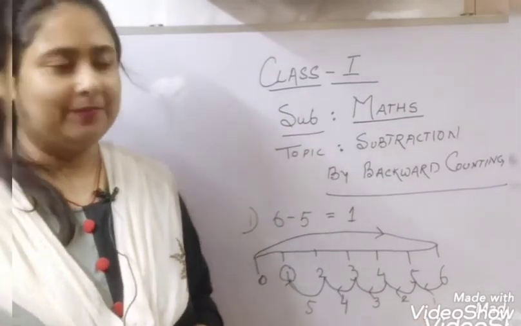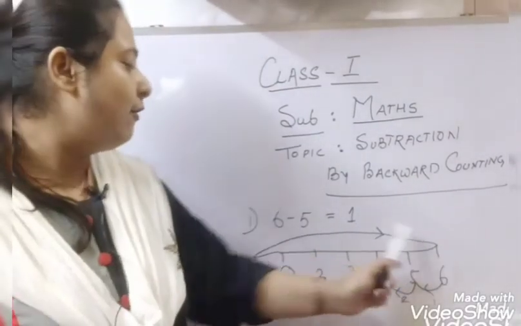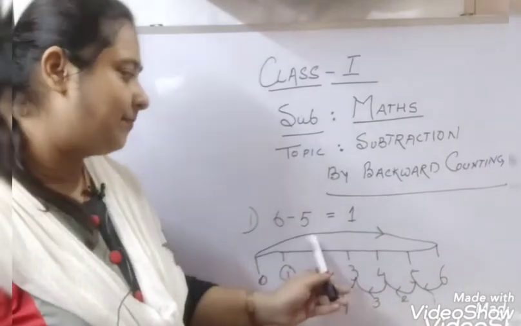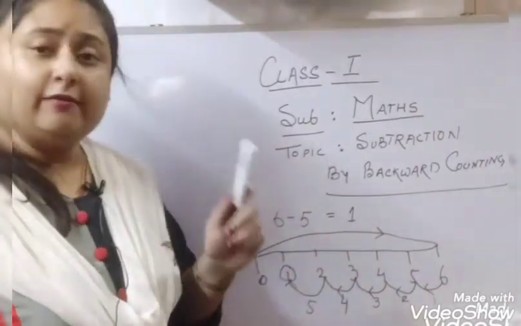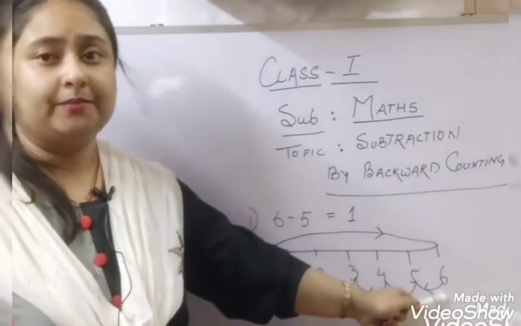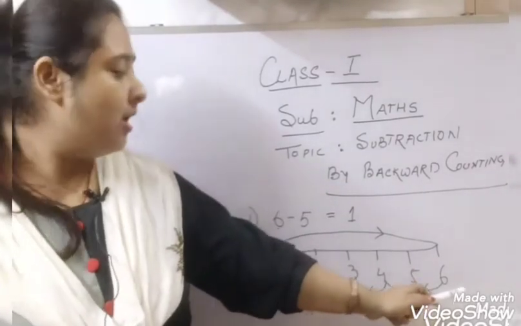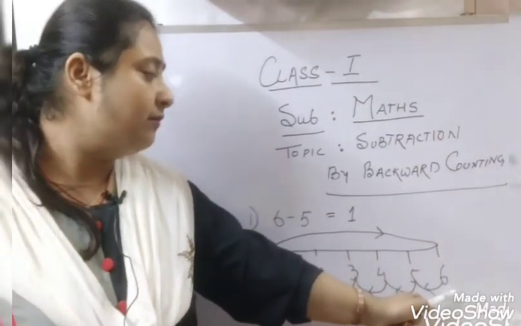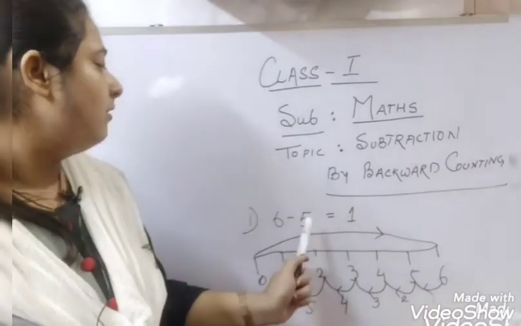Let's see. So children, we have drawn a big arrow from 0 to 6 and now we will be drawing 5 small arrows starting from backwards. This is called backward counting. So from the last point we are starting. So we have to draw smaller 5 arrows.